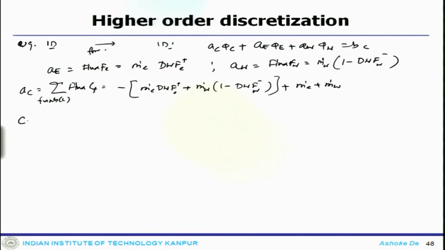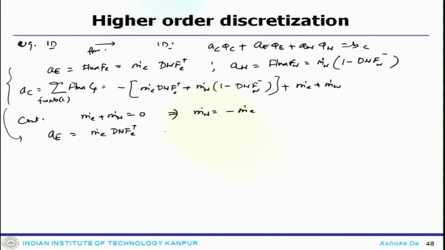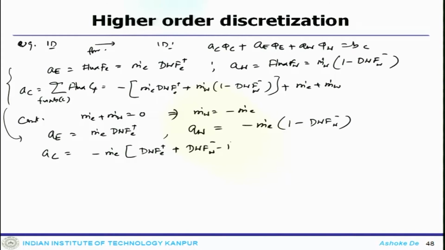So, the continuity equation gives you m dot E plus m dot W equals 0, in other words m dot W equals minus m dot E. So, these coefficients now become AE equals m dot E dWf plus E, AW will become minus m dot E 1 minus dWf minus W, and AC will become minus m dot E dWf plus E plus minus W minus 1.